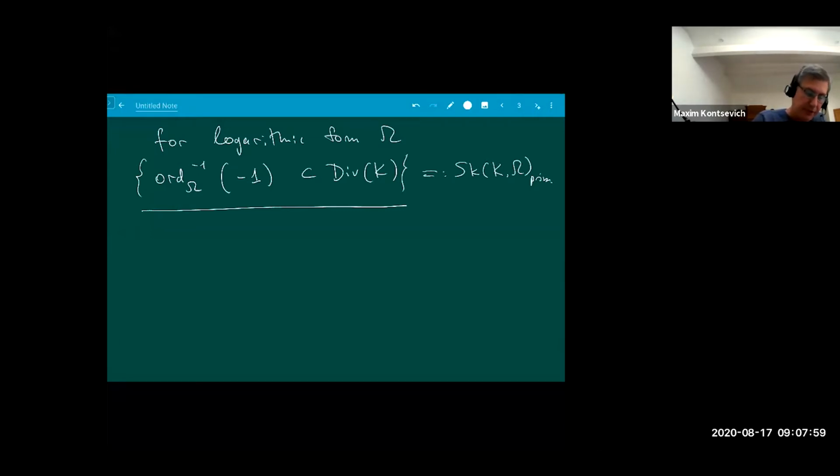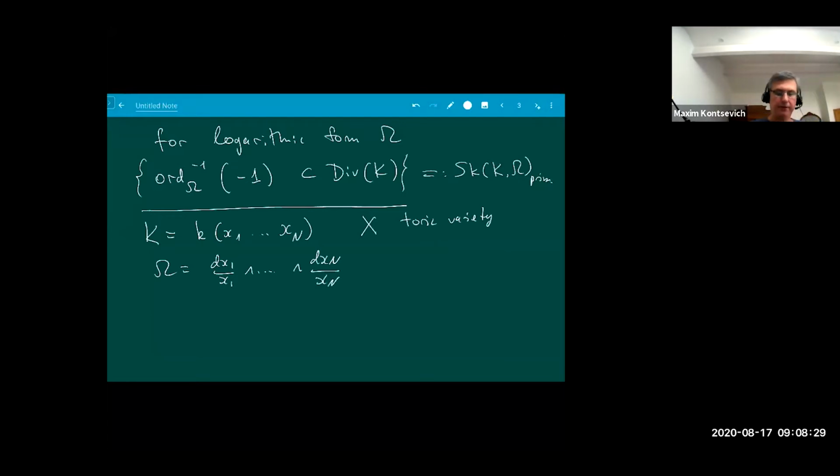The basic example which we should look at is the case of the field of rational functions in n variables. For example, you can choose X to be a toric variety containing a torus with coordinates x1, ..., xn, and the form omega will be this logarithmic volume form on the torus.